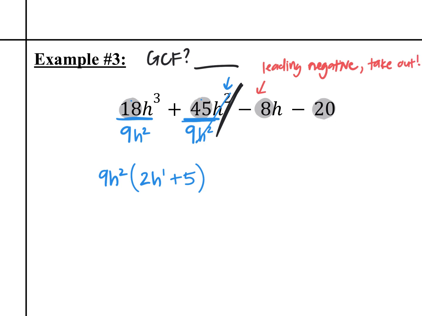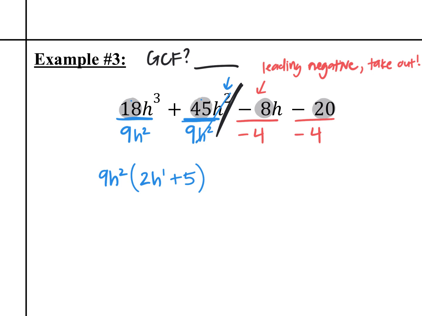So I'm looking at 8 and 20, but when I divide that out, I'm going to have a negative number that I'm taking with it. Okay, so if I look at 8 and 20 on your factor chart, you should see that 4 is your GCF. It's not going to show you a negative, but I'm choosing a negative because this first term is negative. If just the second term was negative and this was a positive 8, I would not take out a negative. I'm only taking out a negative if the leading negative is negative.